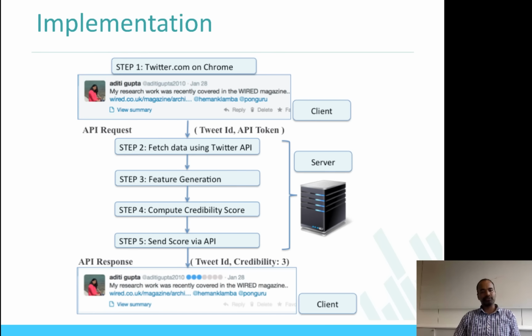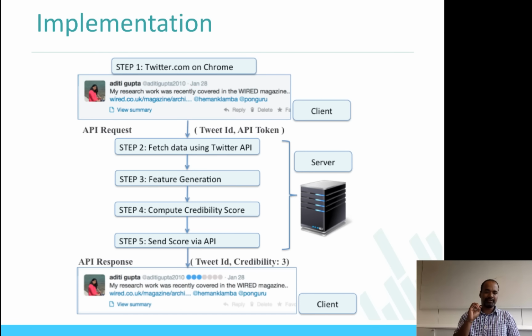Here is just a slide to show you how the implementation for TweetCred was done, which is a Chrome browser extension. There is a post on your timeline. It takes the post, fetches data using the Twitter API, which is the architecture that I showed you earlier, where feature extractions are done, and then a model which is built.